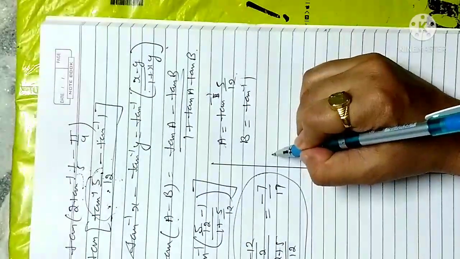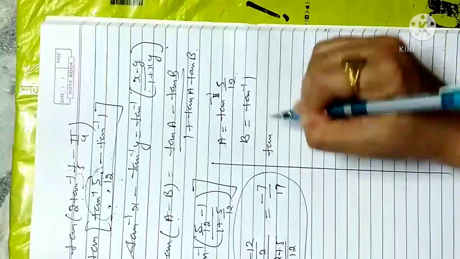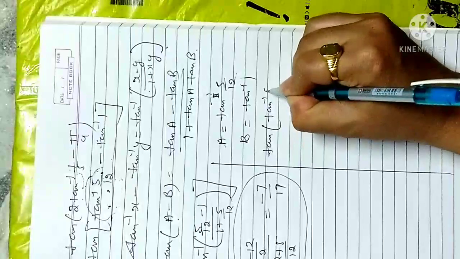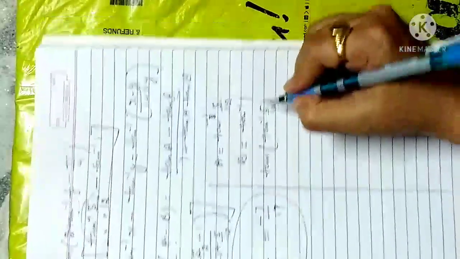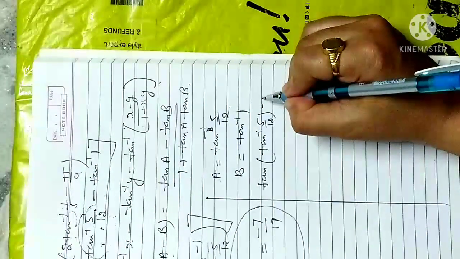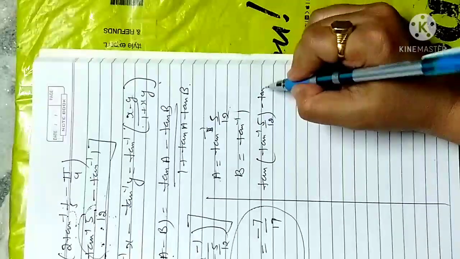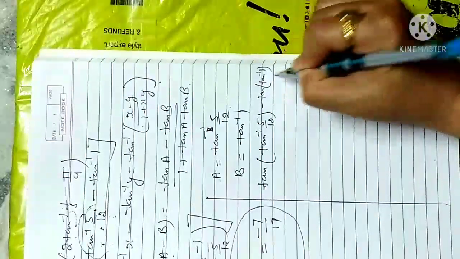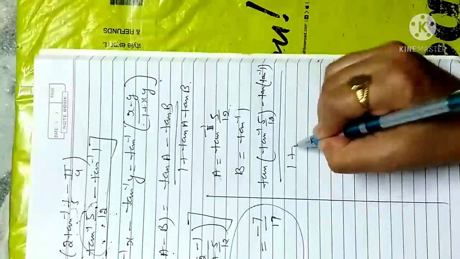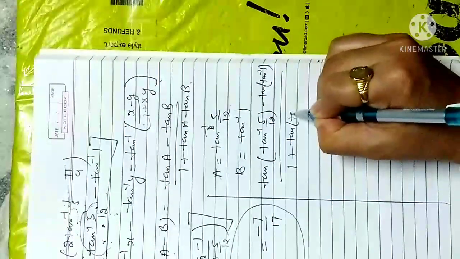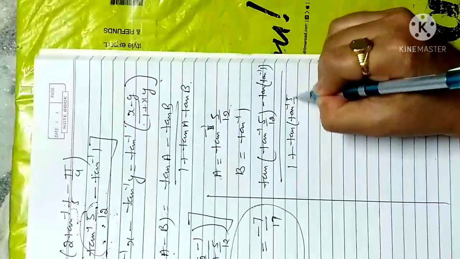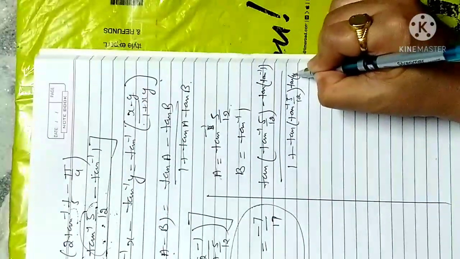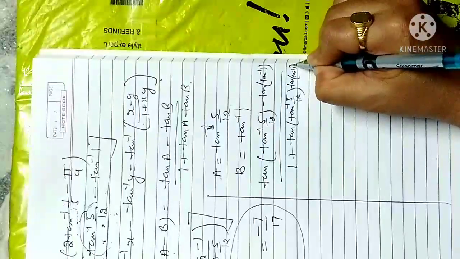So that becomes tan of tan inverse 5 by 12 minus tan of tan inverse 1, and in the denominator 1 plus tan of tan inverse 5 by 12 and tan of tan inverse 1.